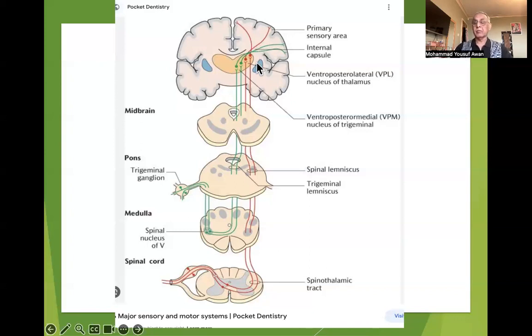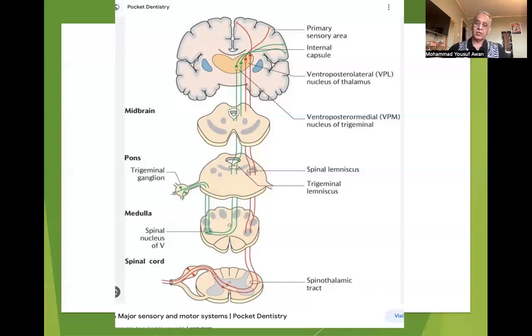And if you know, the motor area is sometimes associated with some senses. Damage to the motor tracts will damage the sensory tract as well, and will lead to some sensory loss. But if you examine the sensory system, there is touch, temperature, and pain.